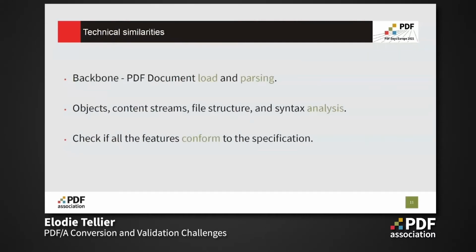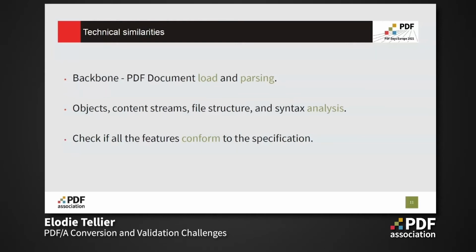From a technical standpoint, in order to convert a PDF document to PDFA, we need to utilize many of the same tools and processes as in PDFA validation, which makes these two tasks similar to a degree. So let's take a closer look at how these two compare. The backbone for the processes will definitely be the PDF document loading and parsing.